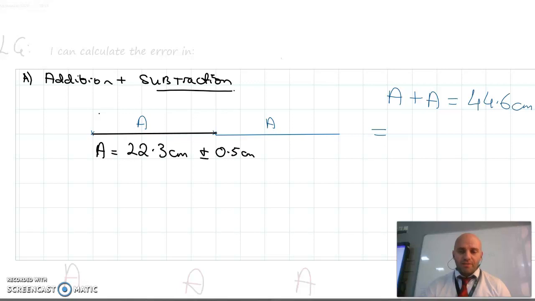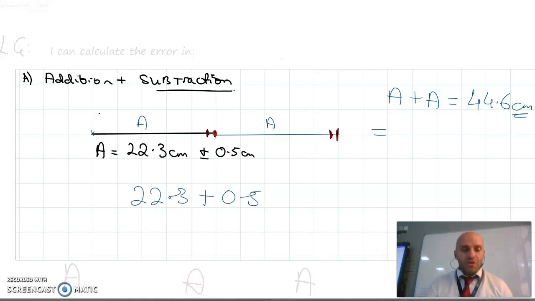You add up your A's, so you get 44.6 centimeters. Then what happens with the error? Well, if you imagine for a sec, the total length of A could be a maximum of 22.3 plus 0.5. So that's the maximum value that it could be, because that's what we call the upper bound in the error.